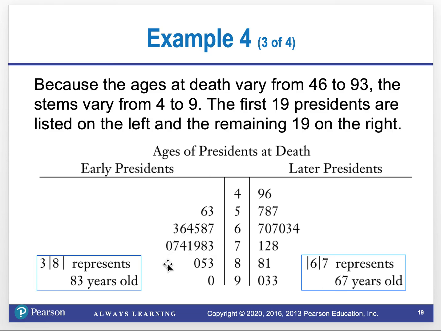So if you look at 70s, 80s, and 90s as being thought of as living longer, then it was the earlier presidents that lived longer. If you restricted it to simply the 90s, okay, that could have been a question. Then it would have been the later. But just looking at which ones lived longer, probably the earlier ones, because also, look how many of the later ones died young.